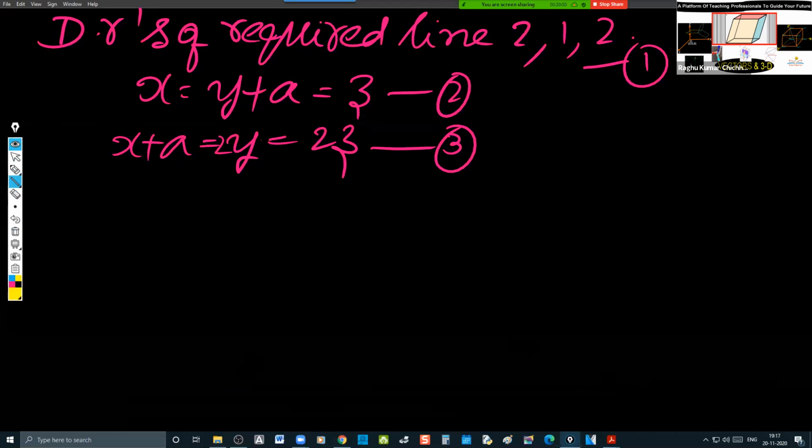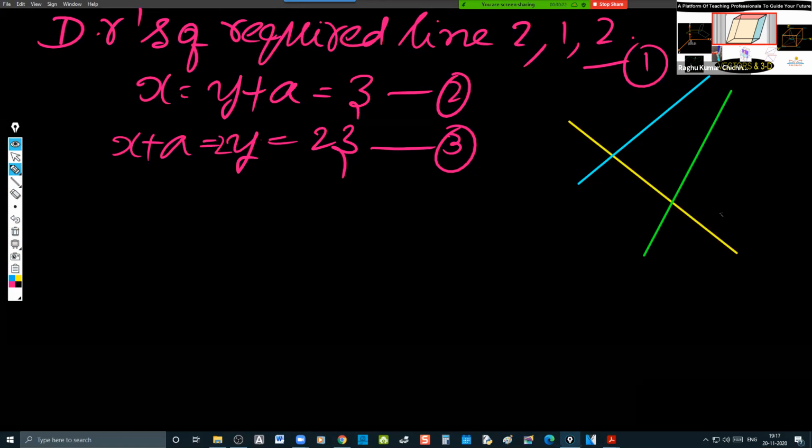This is the first line, and this line is intersecting two more lines. This is the second line, this is the third line.